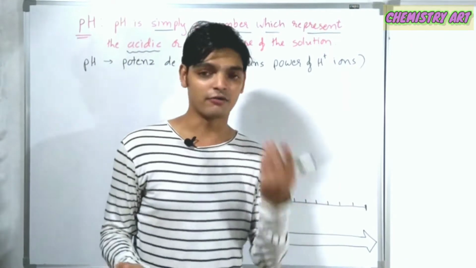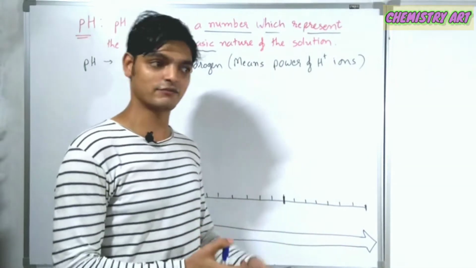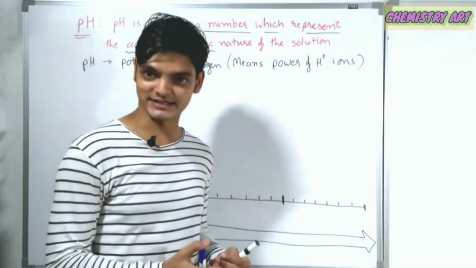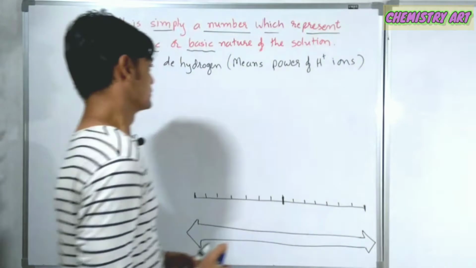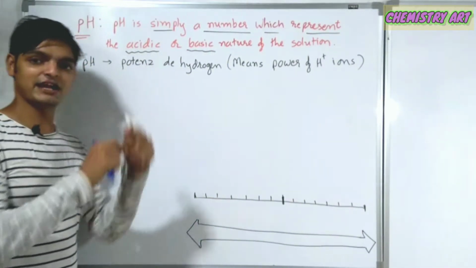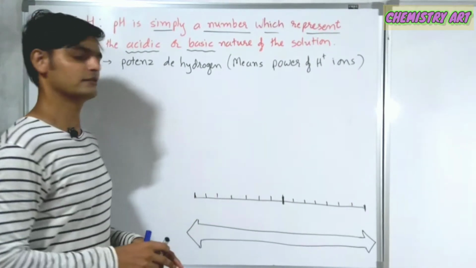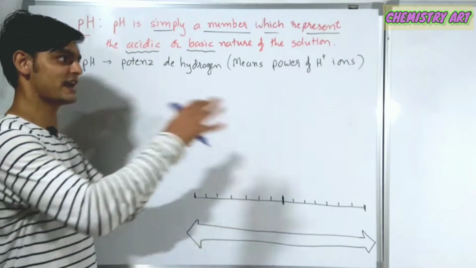For that you have to remember from which pH to which pH the solution is acidic, and from which pH to which pH it is basic. The full form is potenz des Wasserstoffs, with respect to hydrogen.